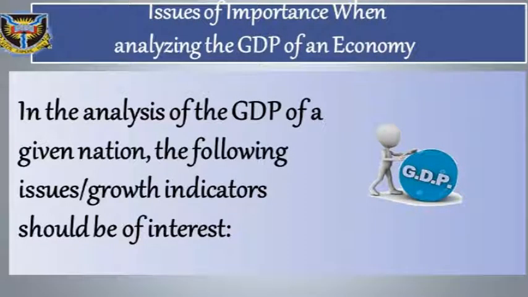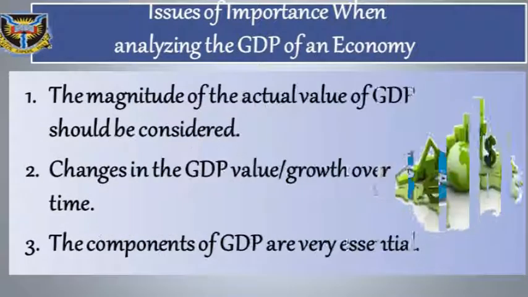Issues of importance when analyzing the GDP of an economy. GDP is the mirror through which the economic activities of any nation can be seen. In the analysis of the GDP of a given nation, the following issues, growth indicators, should be of interest. 1.